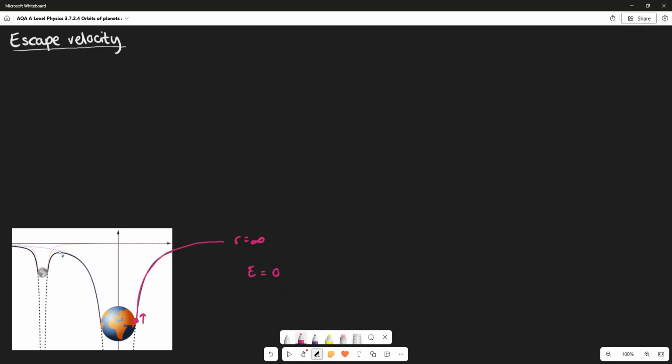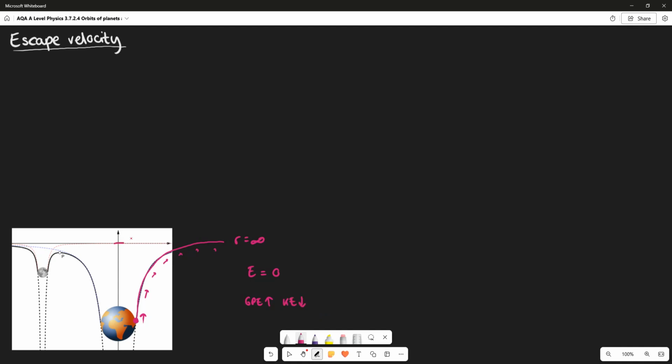It would start off with kinetic energy, and that kinetic energy would reduce as it gets higher and higher and higher, eventually reducing to 0 at the point whereby it can be said that it has completely escaped the Earth's gravity. As it climbs higher and higher, its gravitational potential energy increases, while its kinetic energy is decreasing.